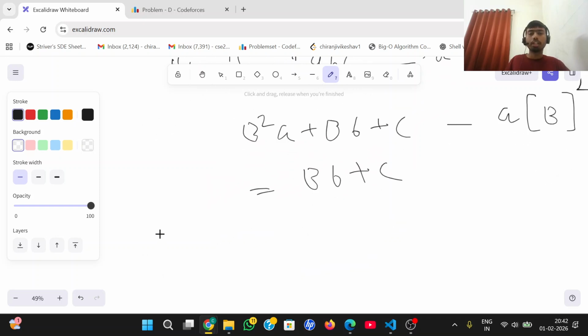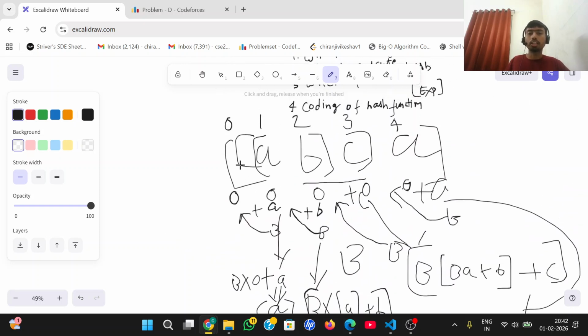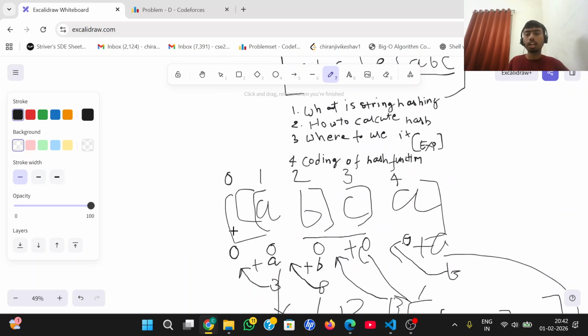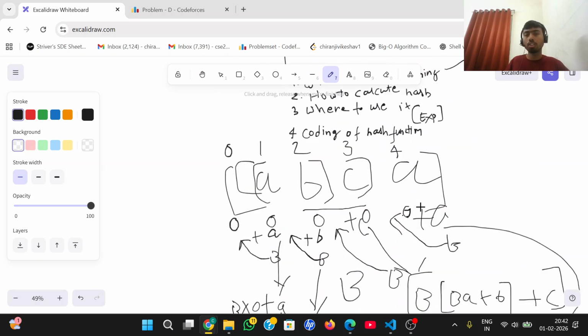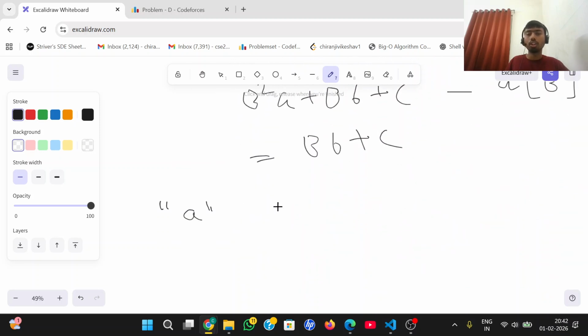Now, let's find the hash of the string A. This A is not the A at the start; this is the last A. The last substring A. So I'm going to find the hash of this one.